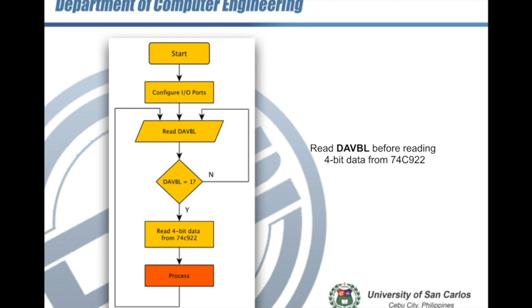Now, without the DAVBL, it would be very difficult to read the keypad data, because remember, if you just assume that when there is no key press the 74C922 would just return 0000, well, it's not going to return that.